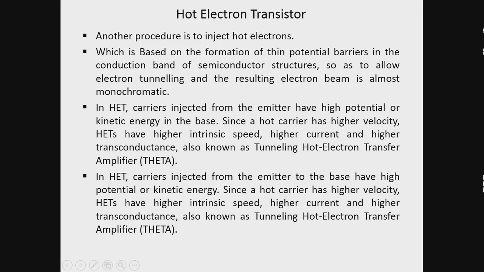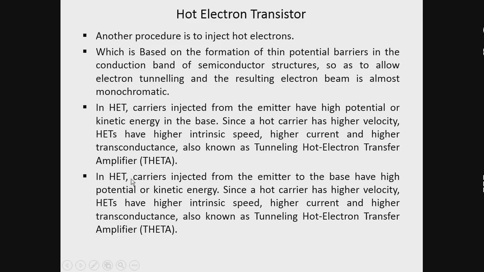In hot electron transistors, the carriers injected from the emitter have high potential or kinetic energy on the base. Since a hot carrier has a higher velocity, it is called a hot electron. Hot electrons have higher intrinsic speed, higher current and higher transconductance, and that is why it is called a tunneling hot electron transfer amplifier.